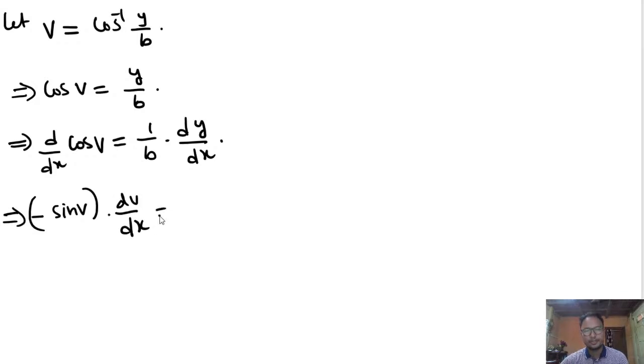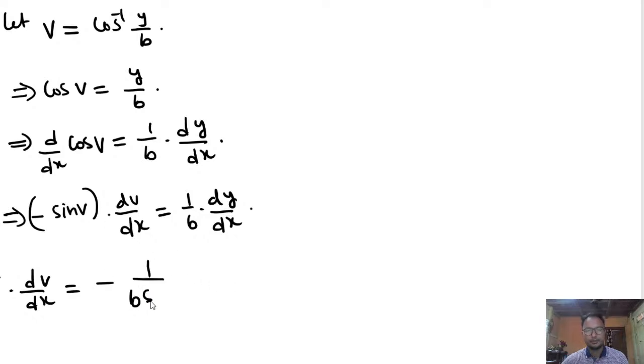dv by dx is equal to 1 by b dy by dx. So therefore, dv by dx is equal to minus 1 by b sin v and then dy by dx.